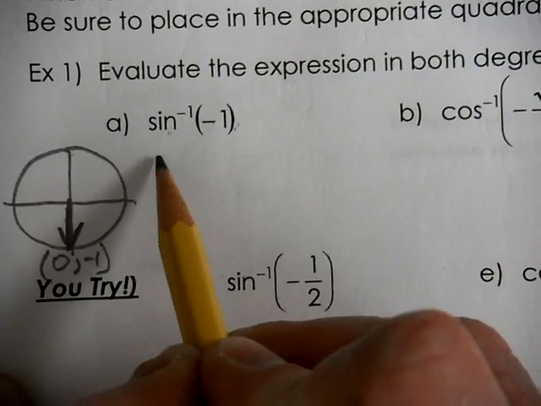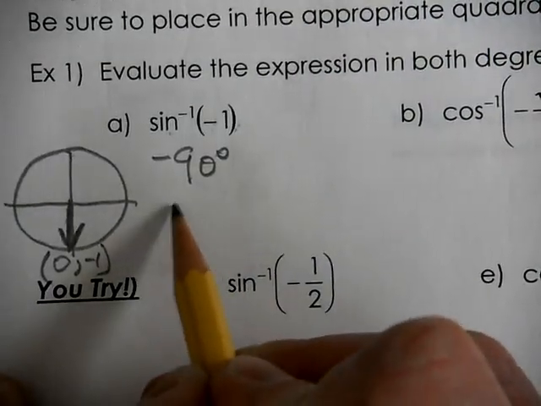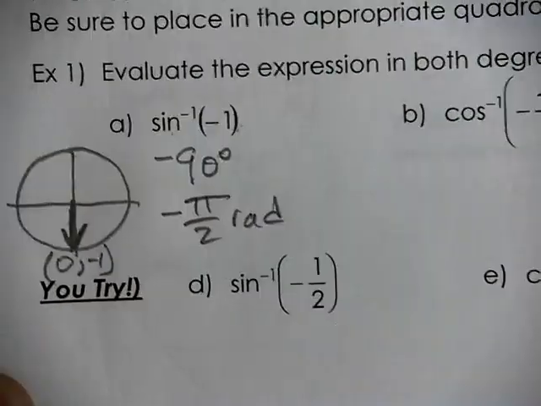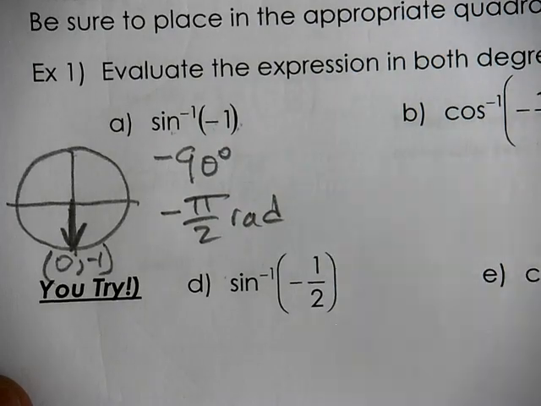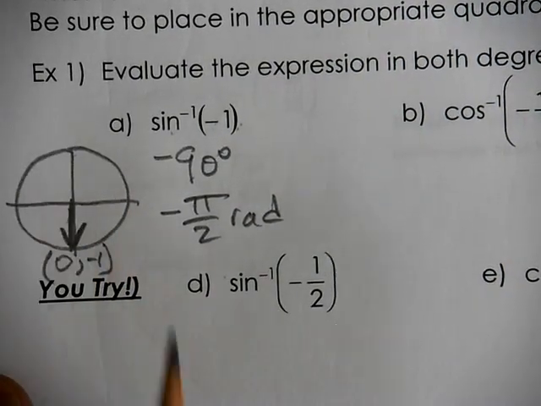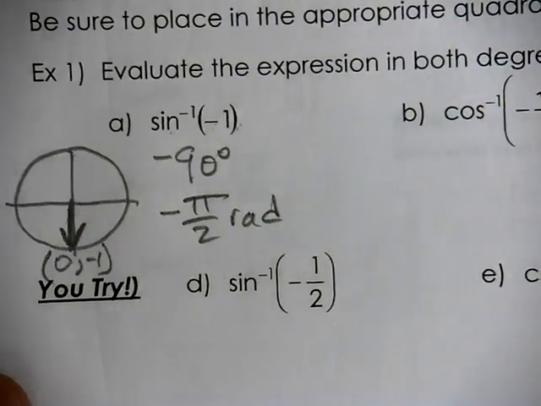And that's going to be negative 90 degrees, and that's negative pi over 2 radians. That would be the correct way to answer that. Not to call it 270, but to call it negative 90. You could use your calculator.